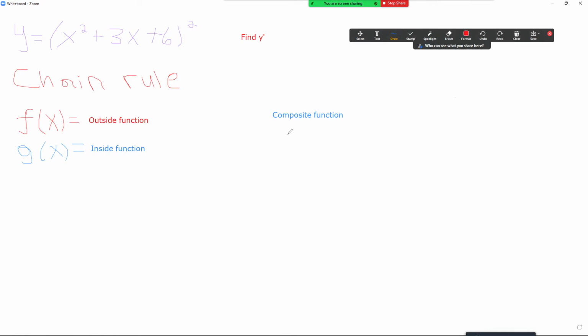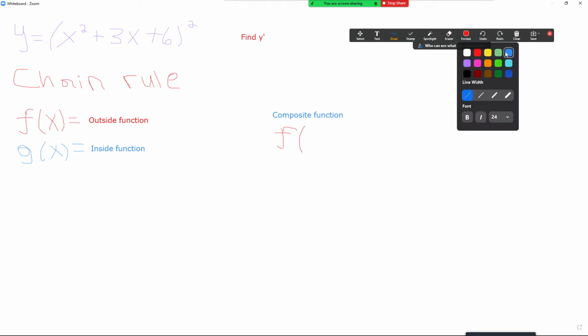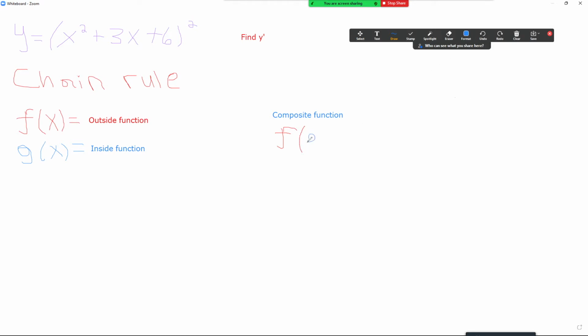Essentially a composite function is like saying you have an f function, but you're substituting in another function inside that f. This is how I want you to first get the idea regarding chain rule.